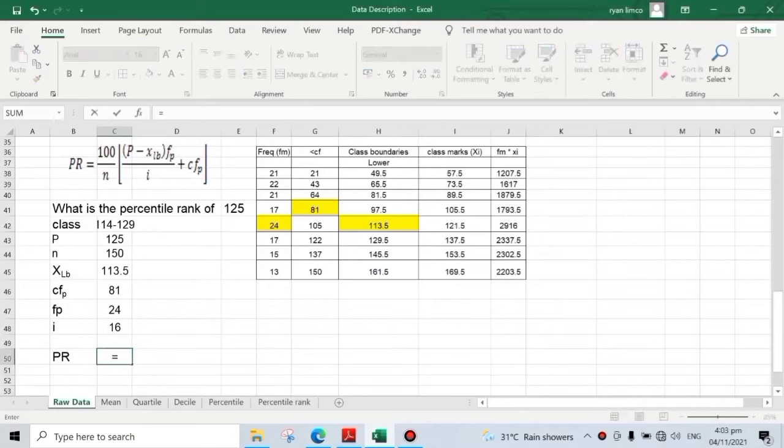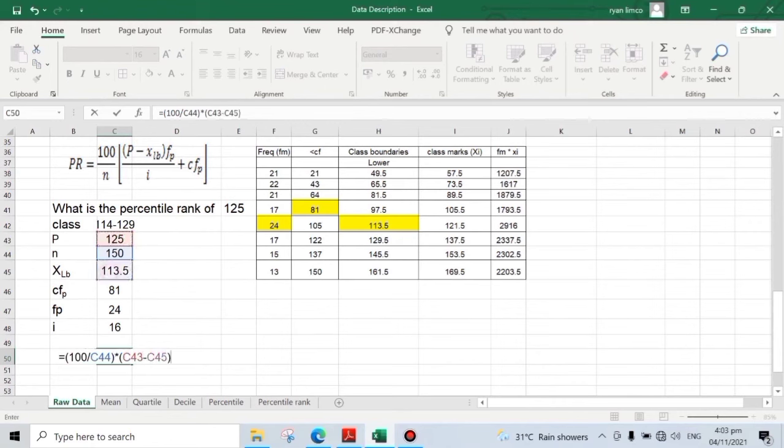Now computing for the percentile rank, we have the formula 100 divided by n, our n is equal to 150, multiplied by parentheses, that's P minus XLB, close.